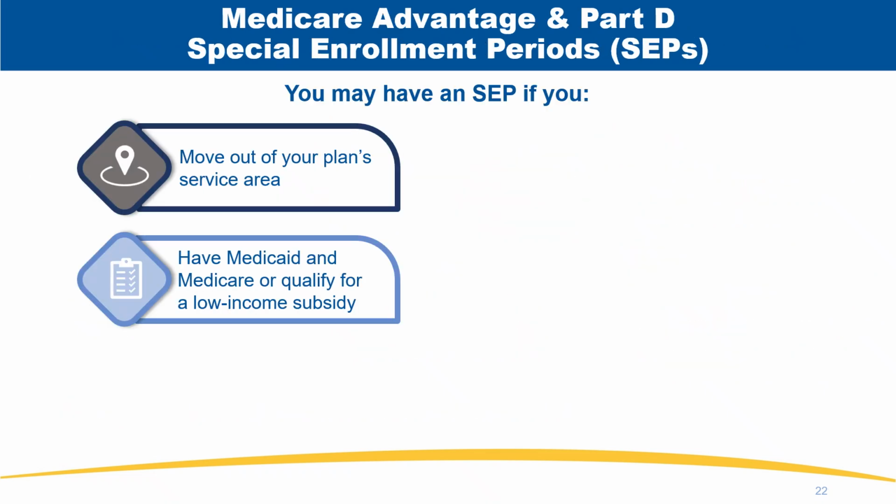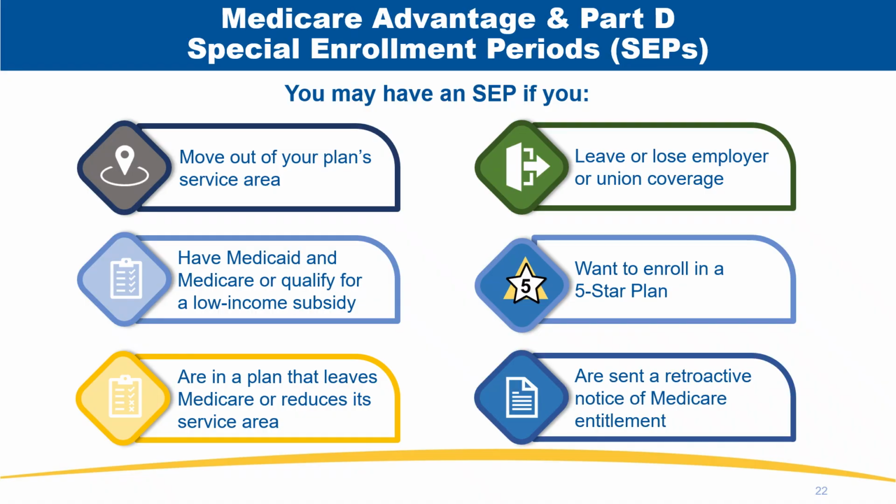Medicare Advantage and Part D special enrollment periods. You may qualify for a special enrollment period if you move out of your plan's service area, have Medicaid and Medicare, or qualify for a low-income subsidy, are in a plan that leaves Medicare or reduces its service area. You will receive a letter in the mail confirming that you qualify for a special enrollment period if either of those situations apply.